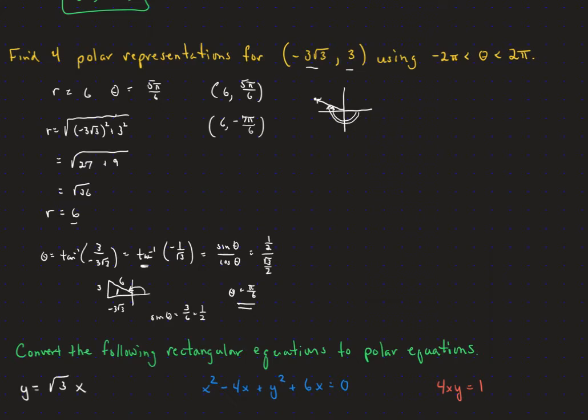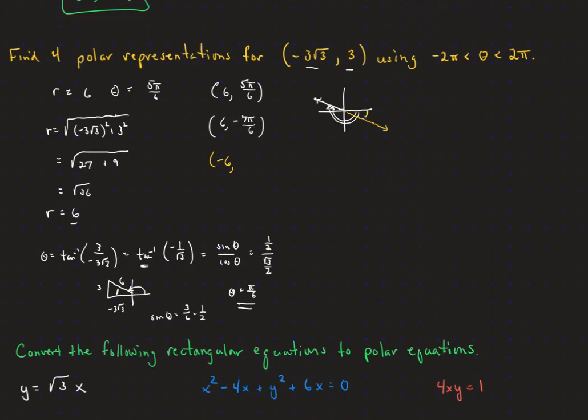If we want to get an angle that will get us to quadrant 2 with a negative value of r, then we need to extend that 5 pi over 6 down into quadrant 4.